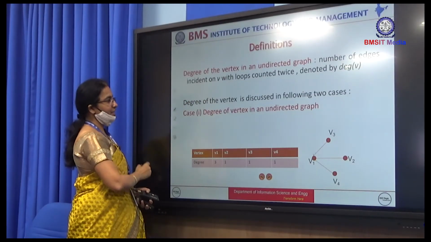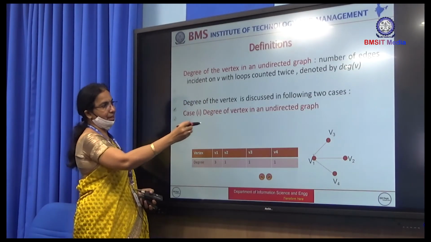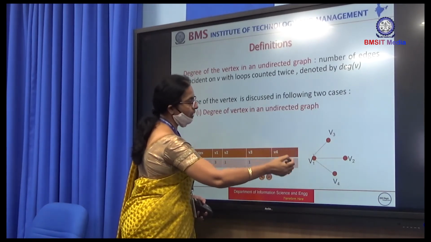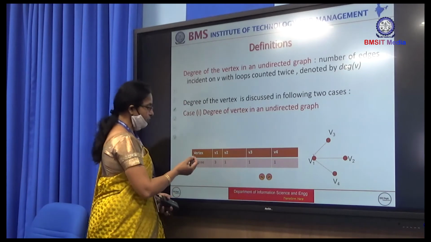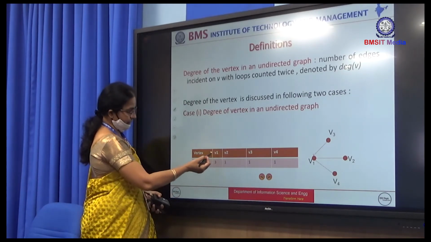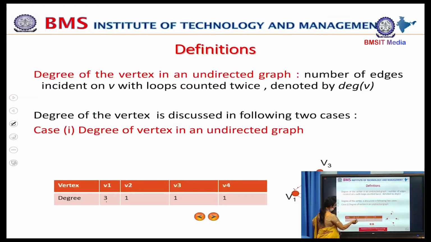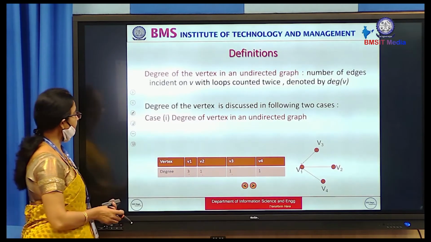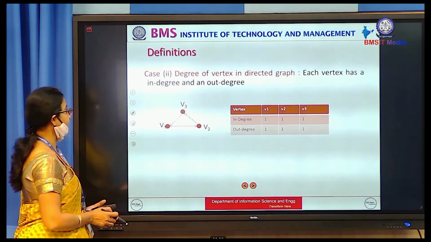In the first case, the degree of a vertex in an undirected graph. Here vertex V1 has degree 3, vertex V2 degree 1, vertex V3 degree 1, vertex V4 degree 1. Next we will take the case of a directed graph.